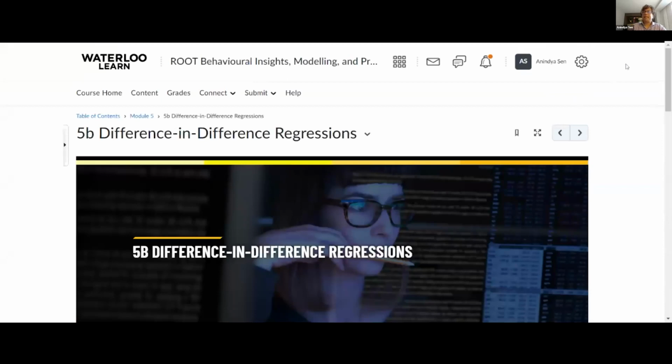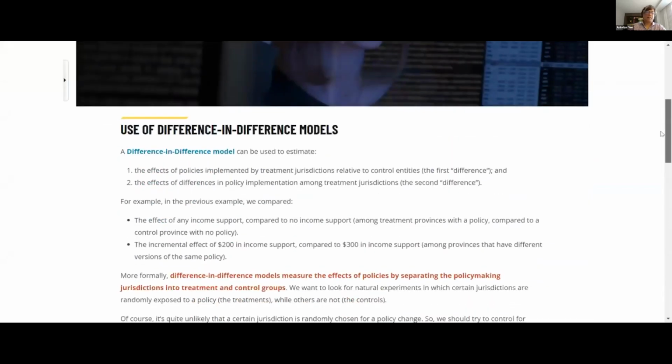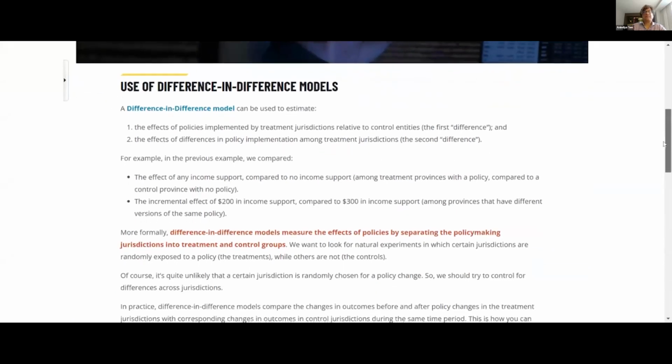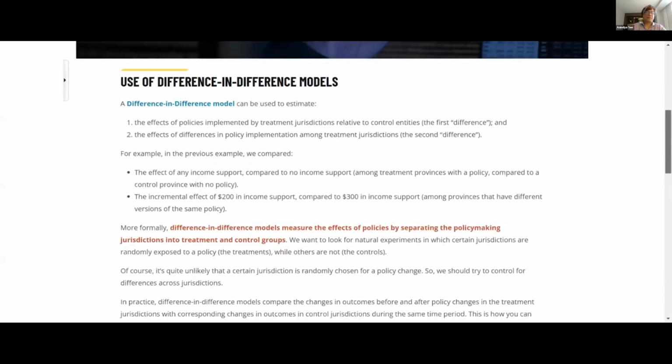So again, I'm running out of time, but I want you to be aware of this methodology. If you have an economics background, you'll know this. This is the standard workhorse model in regression analysis used by economists when they look at the effects of a policy. So the idea here is that, think of a natural experiment, right?